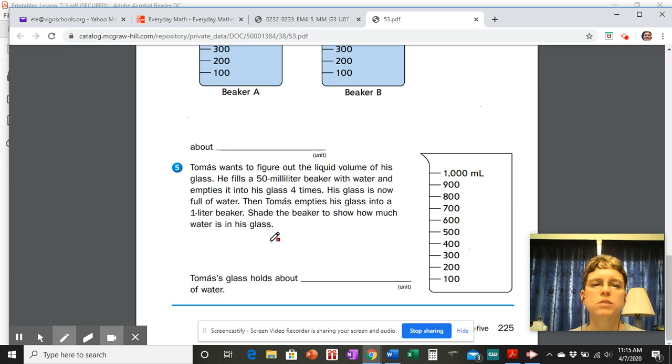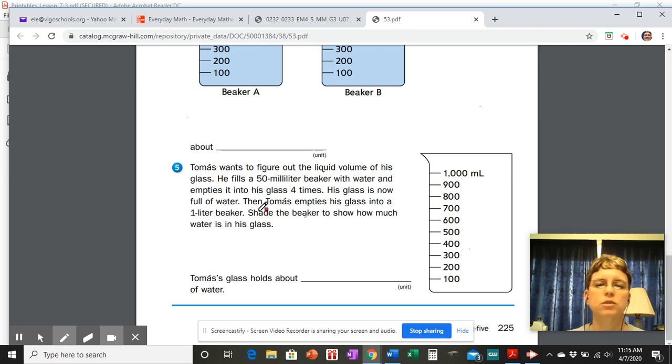Okay, our last math problem for the math journal pages, it says Tomas wants to figure out the liquid volume of his glass. He fills a 50 milliliter beaker with water and empties it into his glass 4 times. His glass is now full of water. Then Tomas empties his glass into a 1 liter beaker. Shade the beaker to show how much water is in his glass.